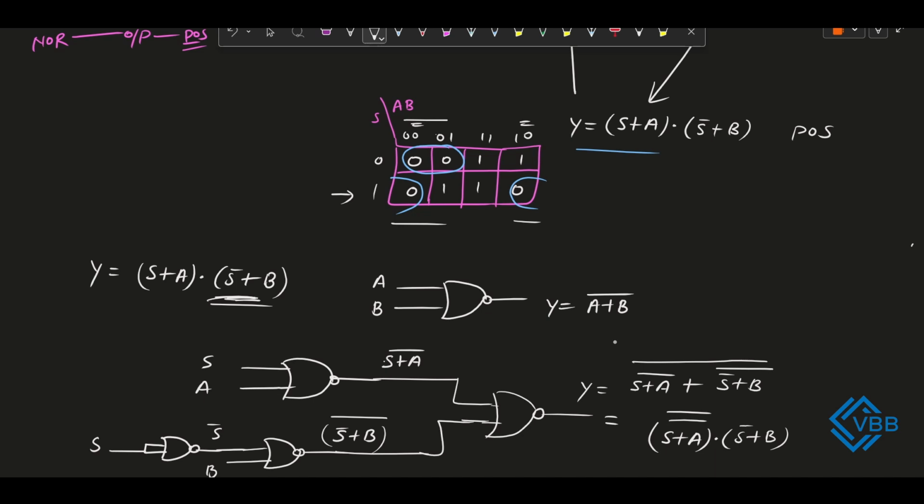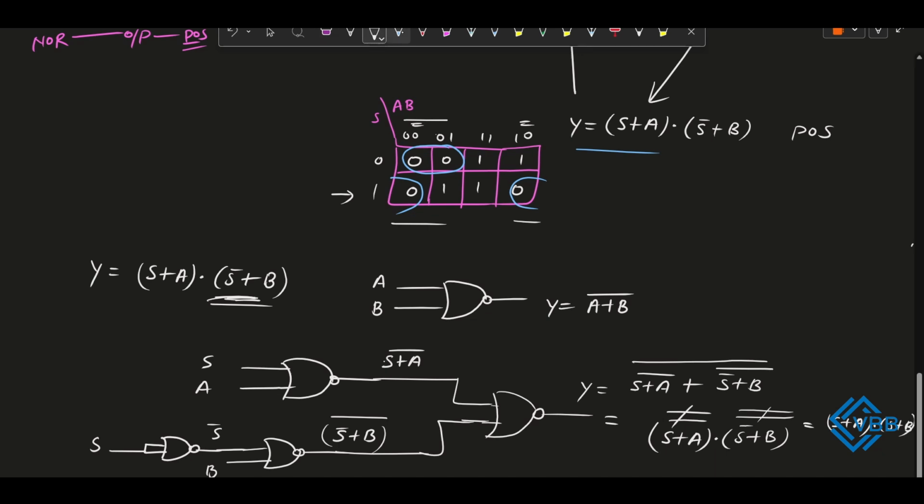One is already present and one more will come because of De Morgan's theorem. Then these both complement signs will cancel out and we will get the final output as the MUX output.